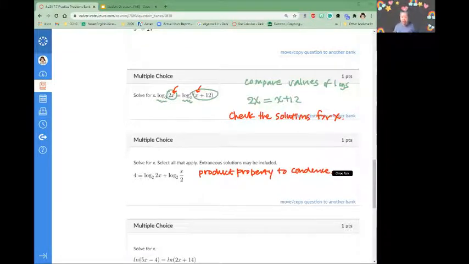Condense means if you have multiple logarithms, you can make them into a single logarithm as long as they're the same kind, same base logs, right? Then the next step, these are added together. So this is log base 2. We are simply multiplying 2x and x over 2.